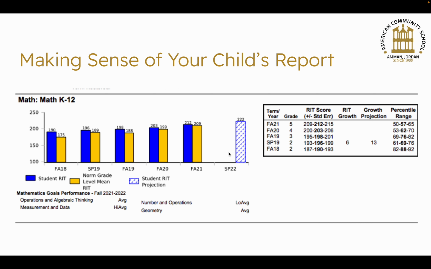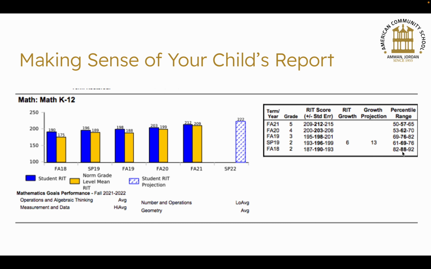Over on the other side of the report, we have a comparison. You can see this data here. Here's a 203, and here it is again, a 203. But what you're going to see on this side that you're not seeing over on the other side is the percentile range.